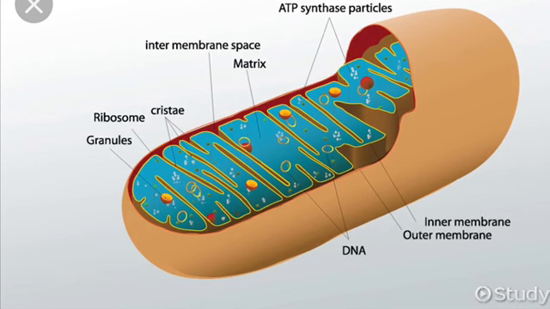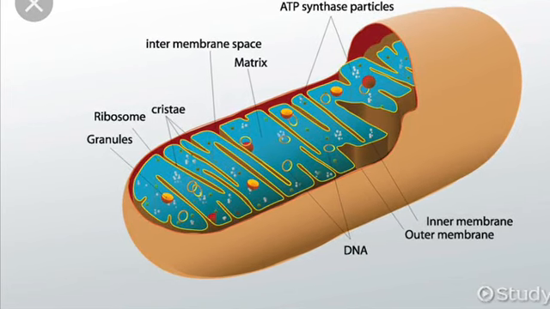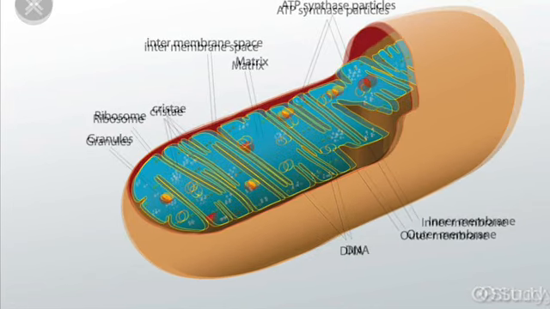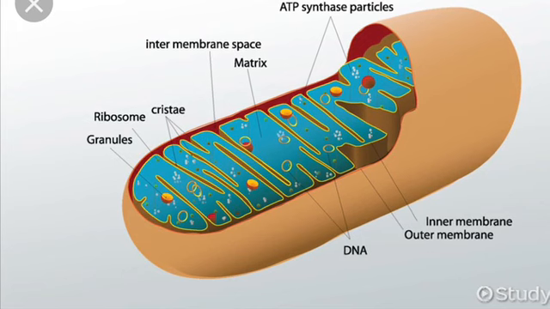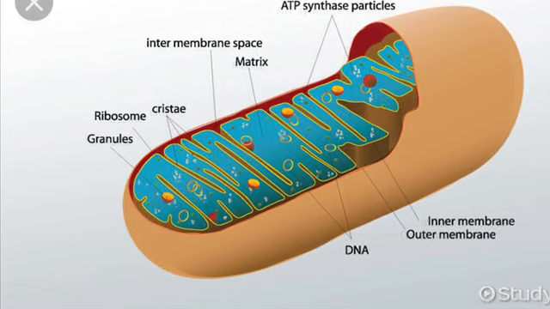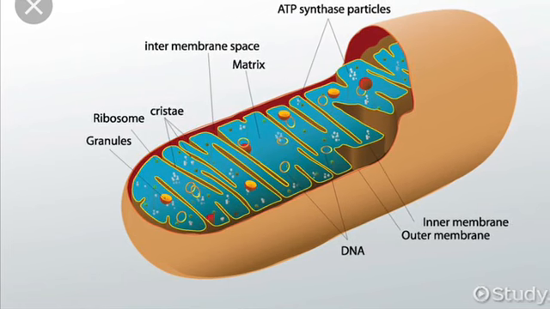And so a lot of times, aerobic respiration is used interchangeably with cellular respiration. Now, I believe that's a mistake by scientists because there are two types of cellular respiration, and aerobic respiration isn't the only one, but often it's used interchangeably.